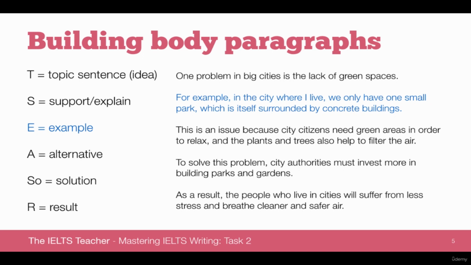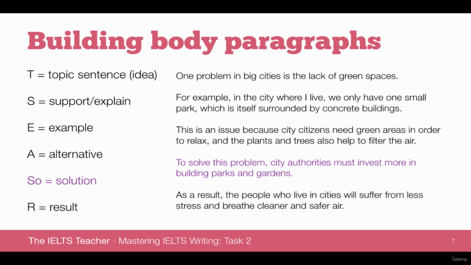We follow that up with a supporting sentence where we're asking how or why. This is an issue because, so why is it an issue? This is an issue because city citizens need green areas in order to relax, and the plants and trees also help to filter the air. Now because this is a problem and solution essay, this is followed by a solution sentence.